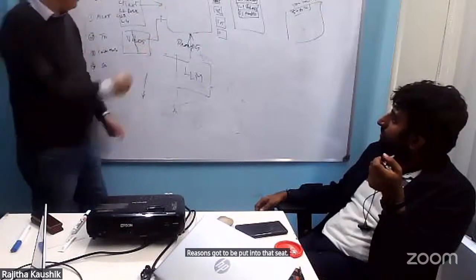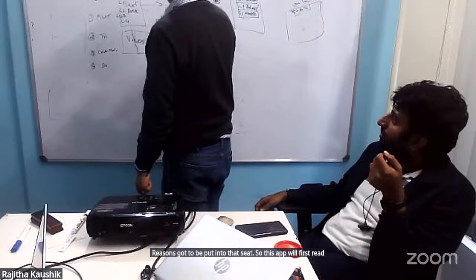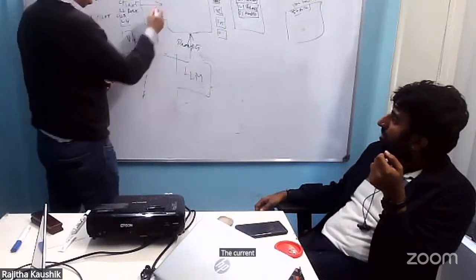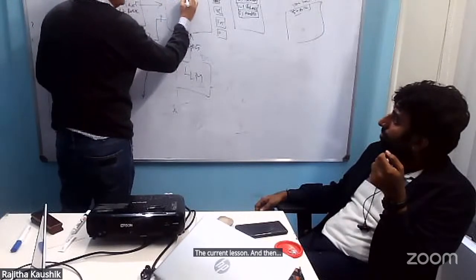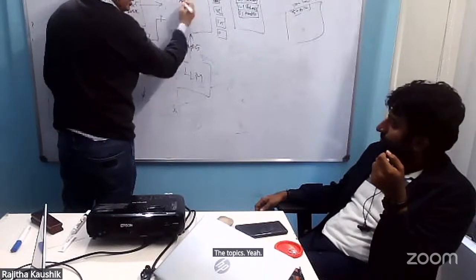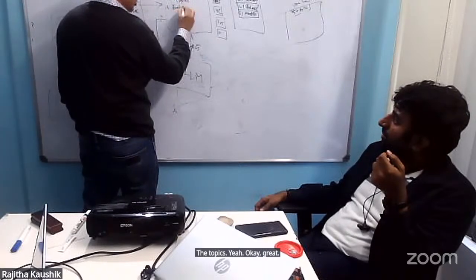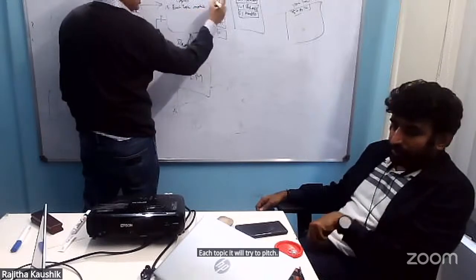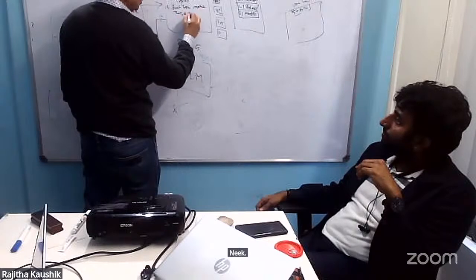So this app will first read the current lesson, and then break it down to topics, correct? Third, for each topic, it will try to fetch and make text, quiz and video.